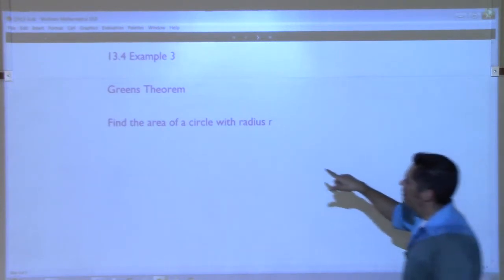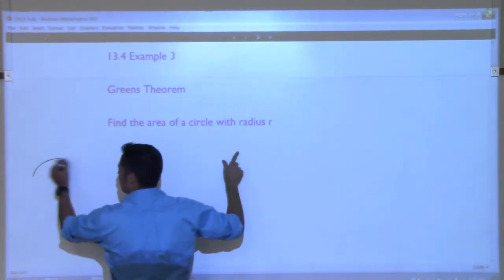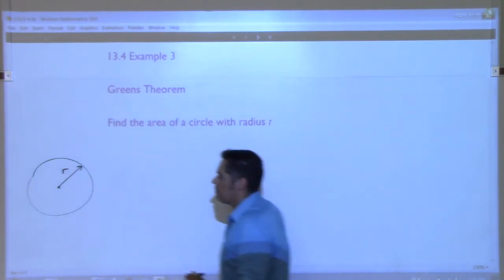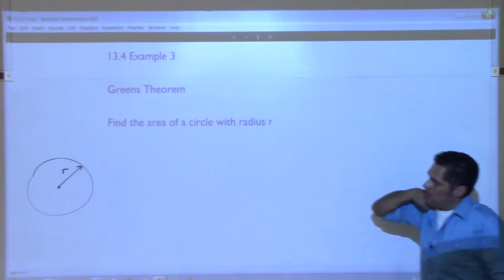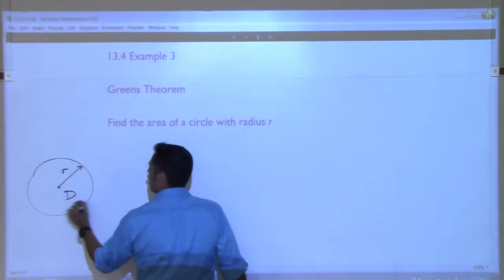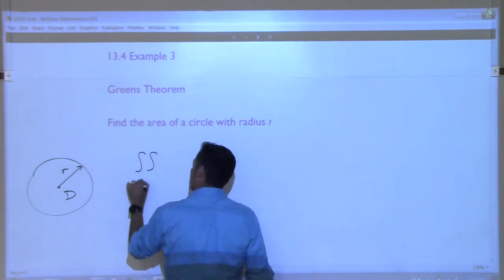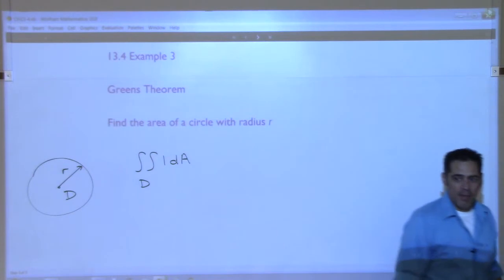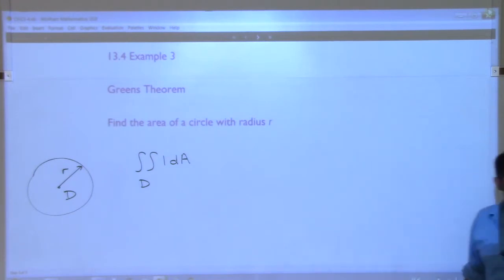So right now, if I take a circle of radius r, then the way we would want to do this is to define this to be D and do the double integral over D of 1 dA, right? That would be the area of that. Agreed?